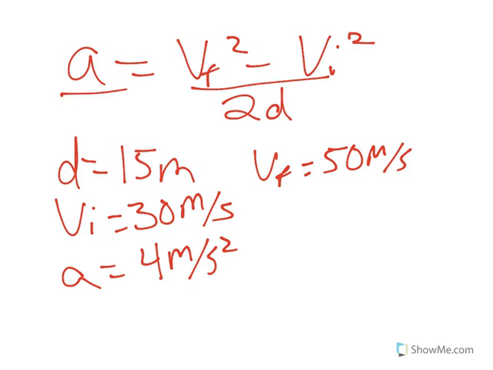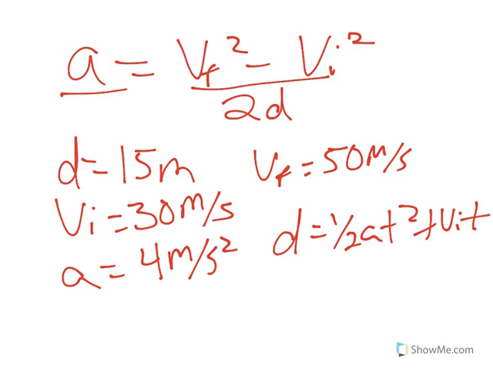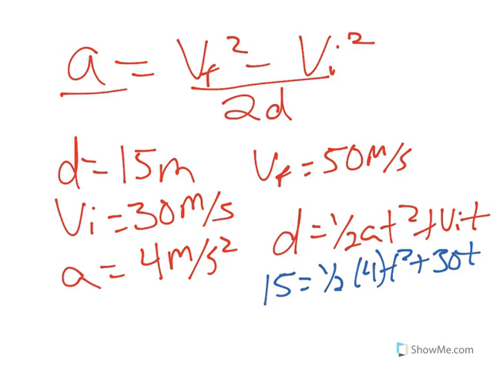Well, you know everything, right? So it should be easy. 1/2 at squared plus vit. But if you plug it all in, you would get 15 equals 1/2 times 4 times t squared plus 30 times t, and then you have to do the quadratic formula. And nobody likes doing the quadratic formula.